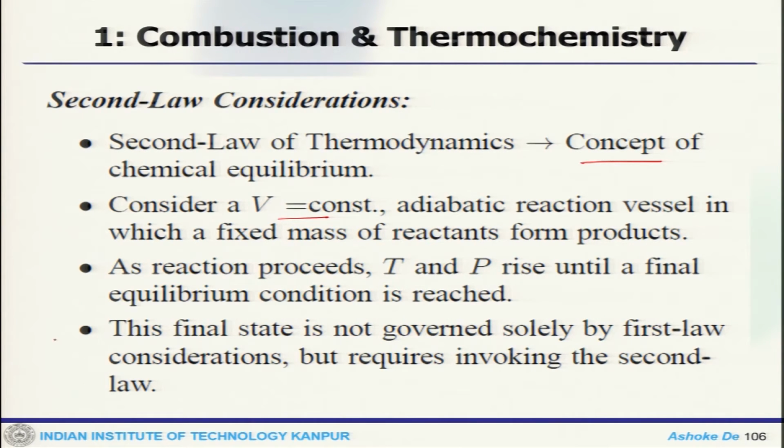As the reaction goes along, T and P rise until a final equilibrium condition is reached. The first law gives you the energy balance, and you can find out how much heat is evolved due to the reaction. But the second law will tell you the final state that it reaches.